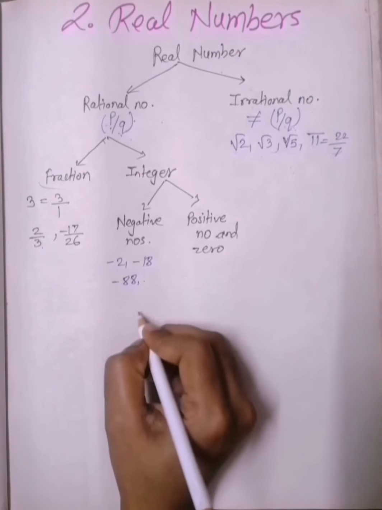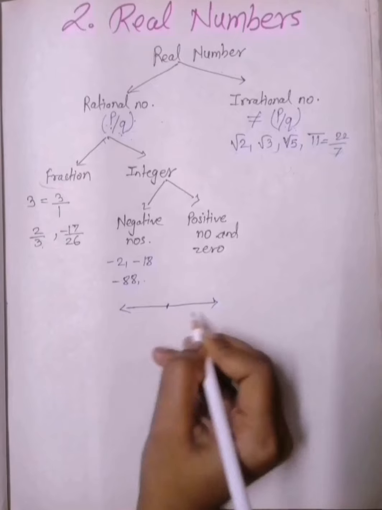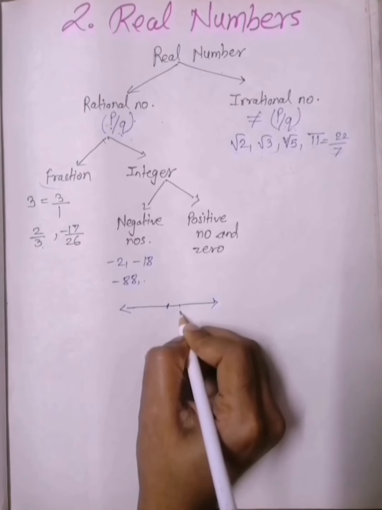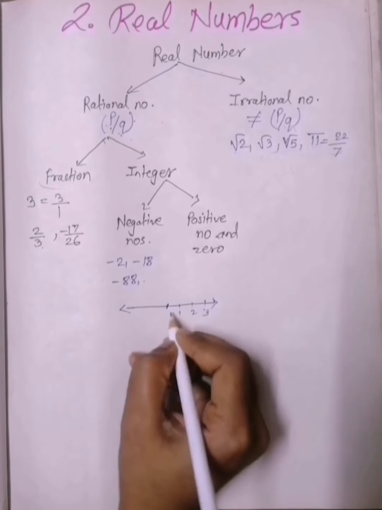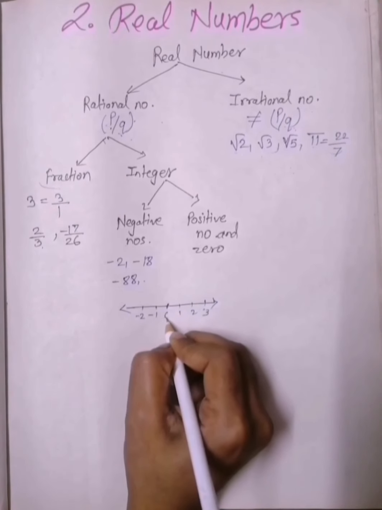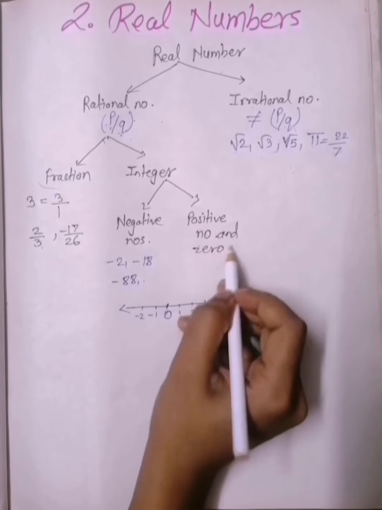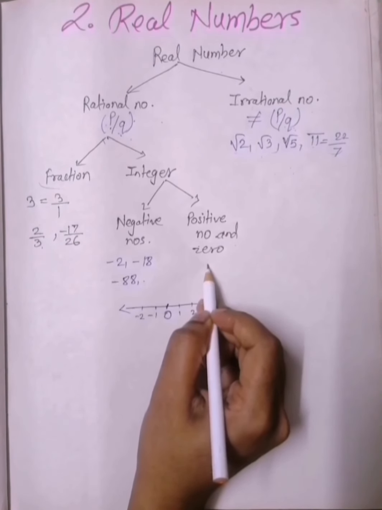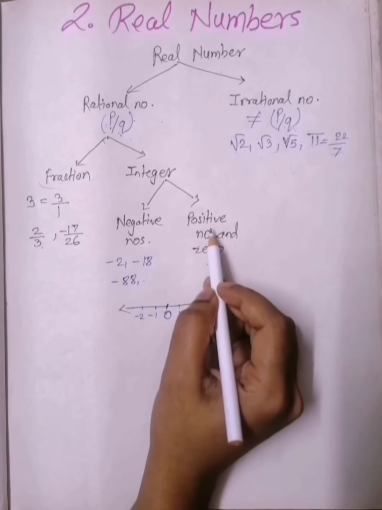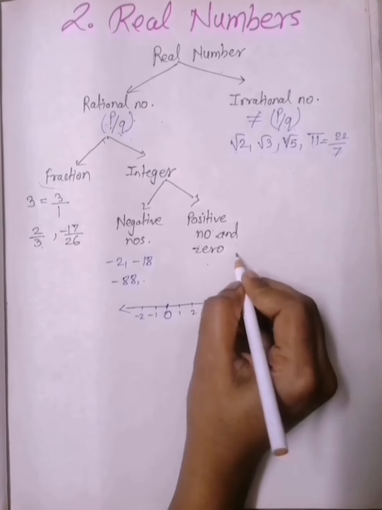So we include negative numbers in our integers. You know that, students, if we draw a number line, on the right hand side we have positive numbers and on the left hand side we have negative numbers, included with 0. So we have positive numbers and 0. Now, positive numbers are divided into two ways.